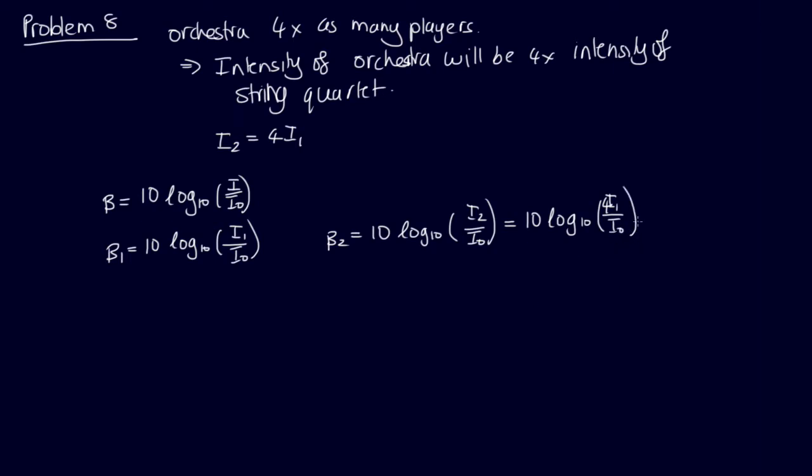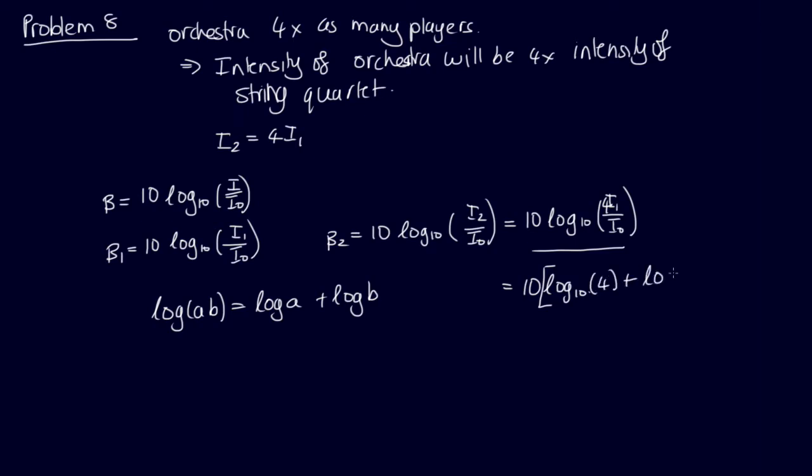Now, the log rule that we're going to have to use is that if we take log of AB, where this means A times B, this is equal to log of A plus log of B. So applying this rule, we can write this as 10 log to the base 10 of 4 plus 10 log to the base 10 of I1 on I0. Now 10 log to the base 10 of I1 on I0 is just equal to beta 1.